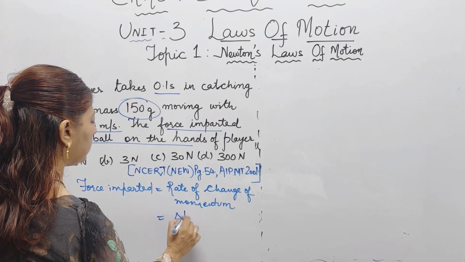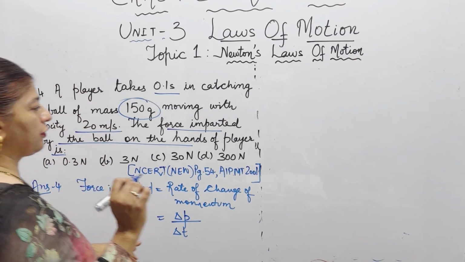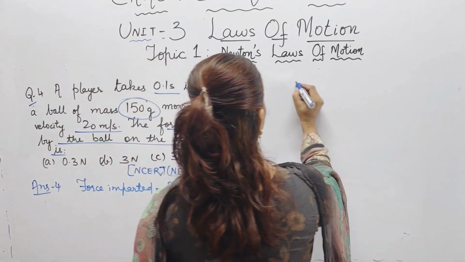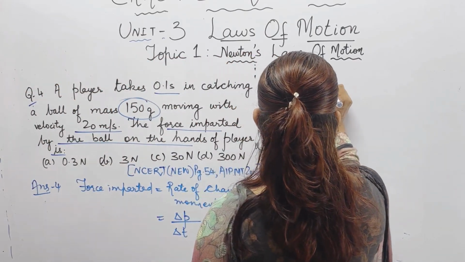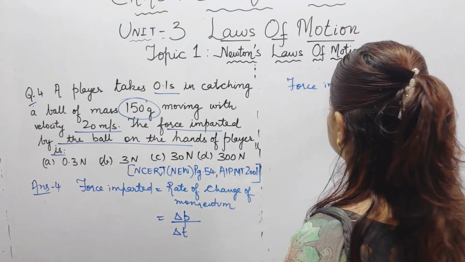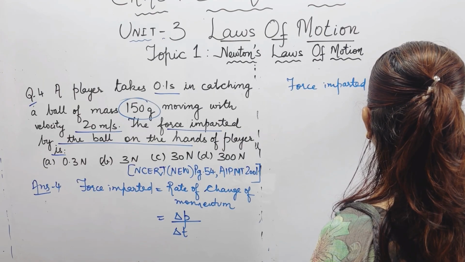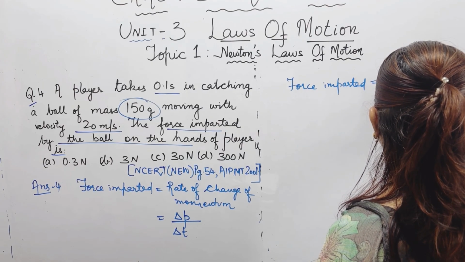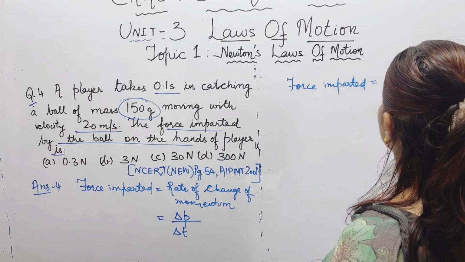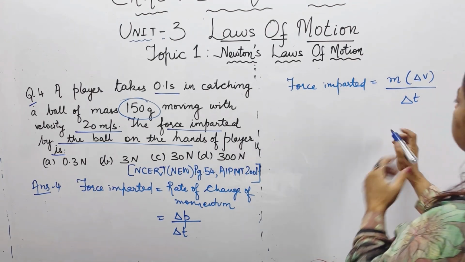That is given by delta p, rate of change of momentum, and delta t is the change in time. So force imparted is equal to mass into change in velocity over time.